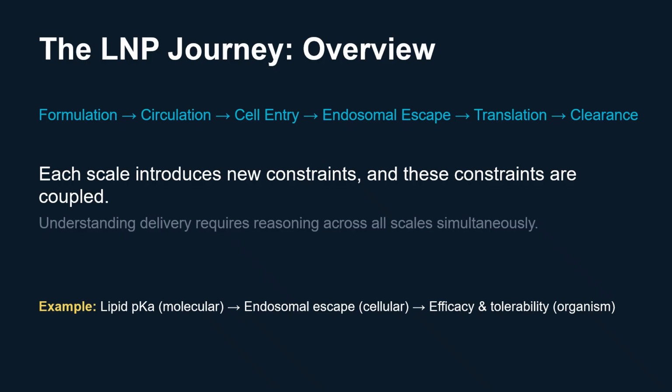A simple example is lipid pKa, a molecular property that strongly influences endosomal escape at the cellular level, which in turn affects efficacy and tolerability at the organism level. So this coupling across scales is what makes LNP delivery fundamentally a multi-scale problem.